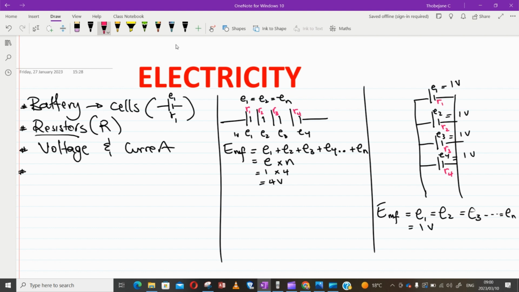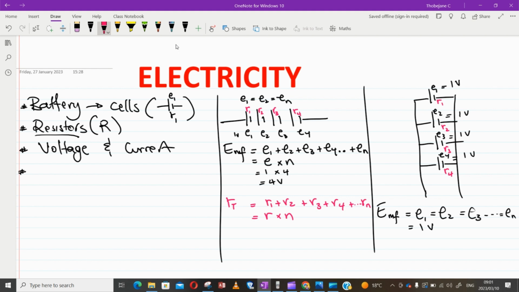This means that if I were to calculate the total internal resistance in this particular circuit, I'm going to put a small r with the letter T for total. This is going to be equal to r1 plus r2 plus r3 plus r4, depending on the number of cells you have. Or alternatively, you can just say r multiplied by n. n for the number of cells present in that particular circuit, r for the resistance present in each cell.